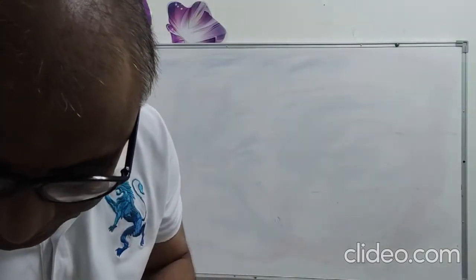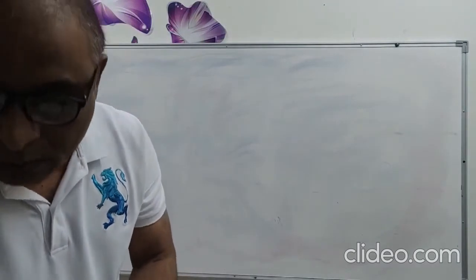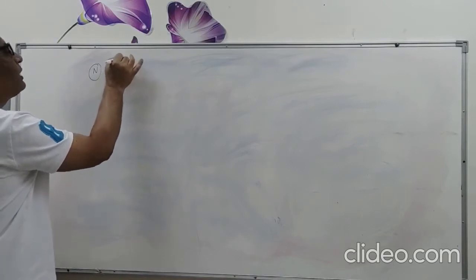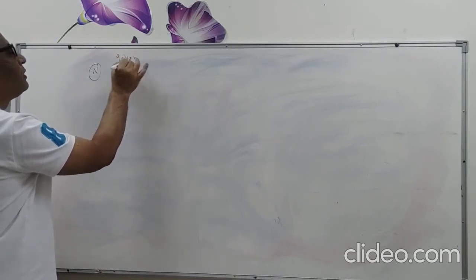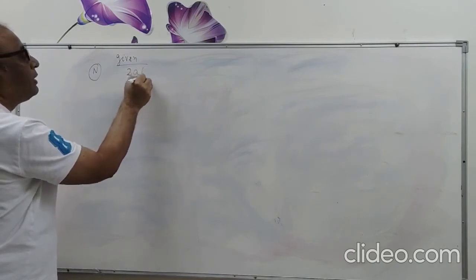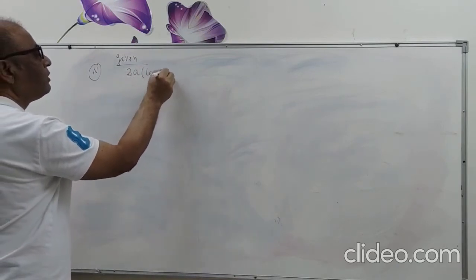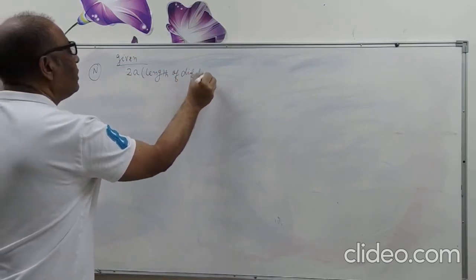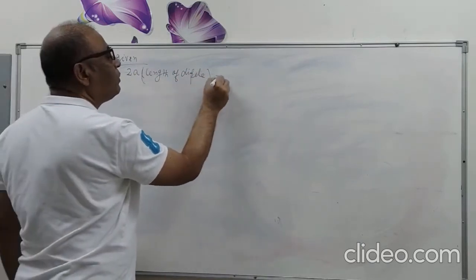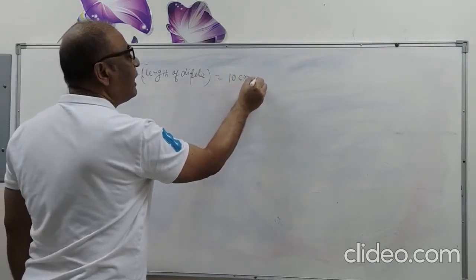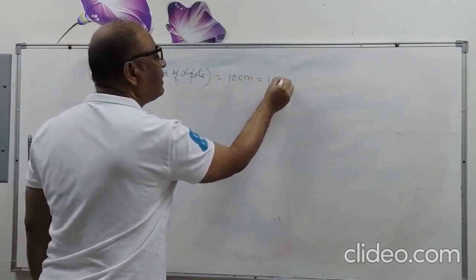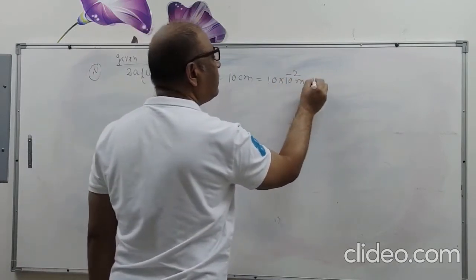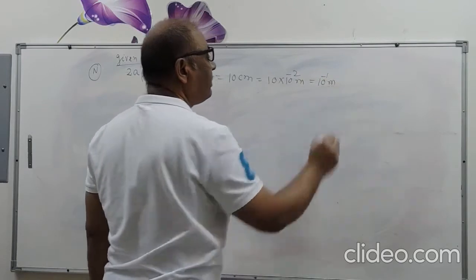In the question, the length of the electric dipole, which means 2A, is given. 2A, length of dipole, equal to 10 centimeter, that is 10 into 10 to the power minus 2 meter, which is 10 to the power minus 1 meter.